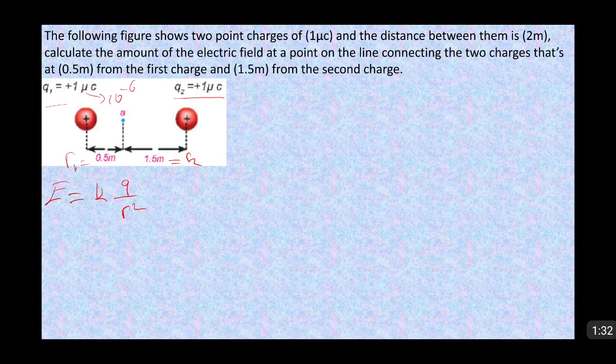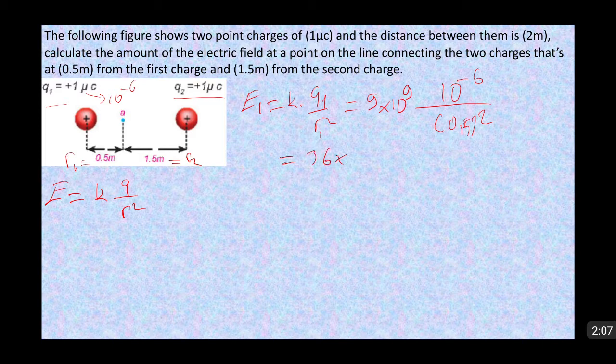Firstly, E1 equals K multiplied Q1 over R1 square equals, I am writing the number 9 multiplied 10 power 9, Q1 equals 1 microcoulomb, it means 10 power negative 6 coulomb, over R1, 0.5 square, equals 36 multiplied 10 power 3.